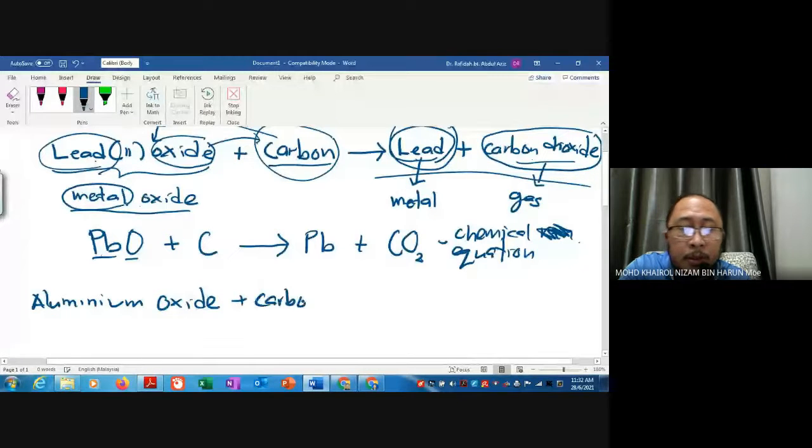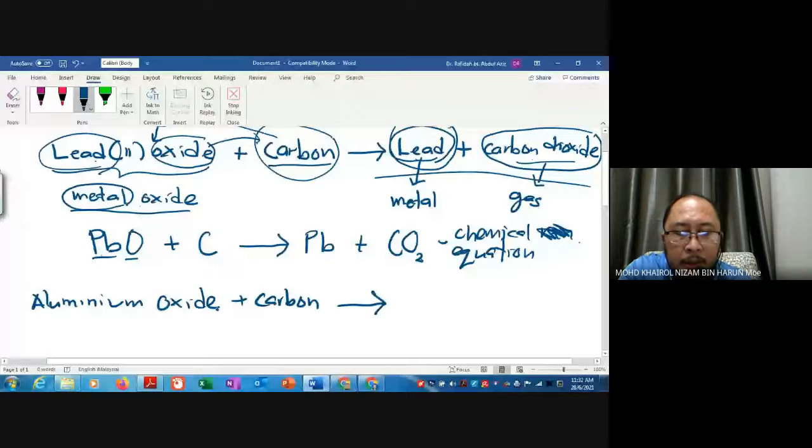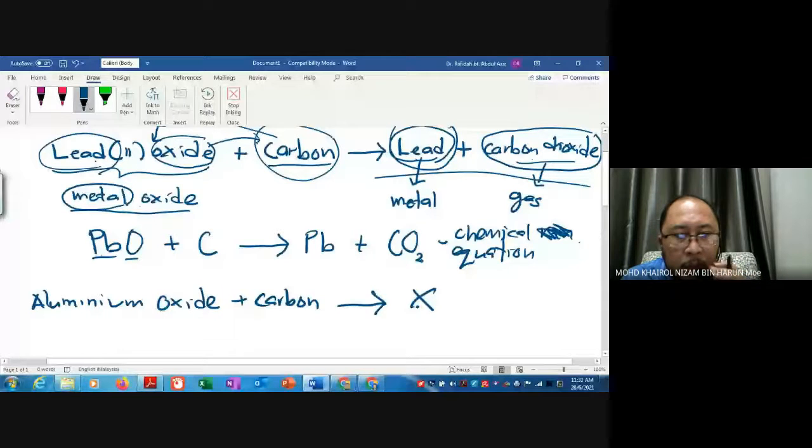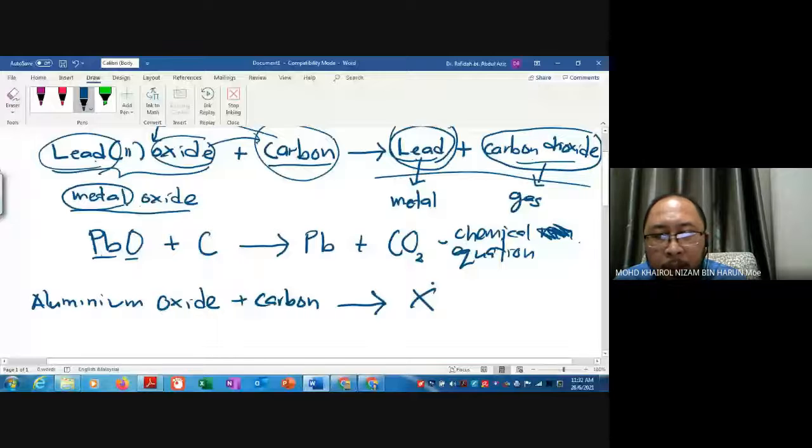Based on the experiment, if we react aluminium oxide with carbon, is there any reaction? The answer is no reaction occurs. What conclusion can you make from this experiment when we react aluminium oxide with carbon? We can observe that no reaction occurs.